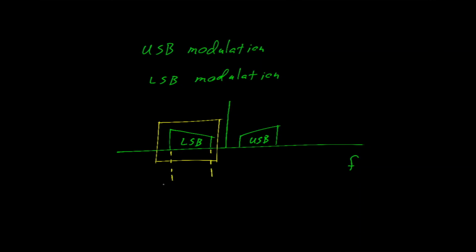We can talk about the bandwidth of this signal. If you transmit only the lower sideband or only the upper sideband, the bandwidth is very narrow. Instead of having a bandwidth equal to 2 times the modulating frequency, you now have a bandwidth equal to the modulating frequency, which means you can put more stations closer together. We would call it spectrum efficient.